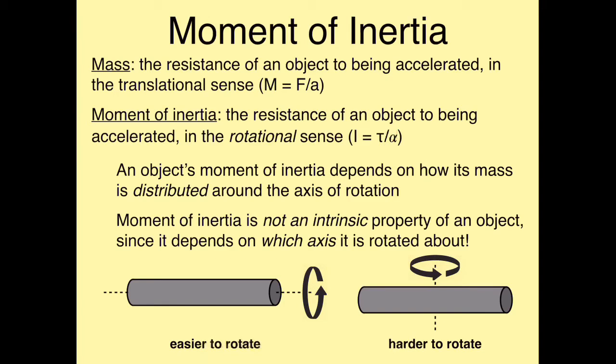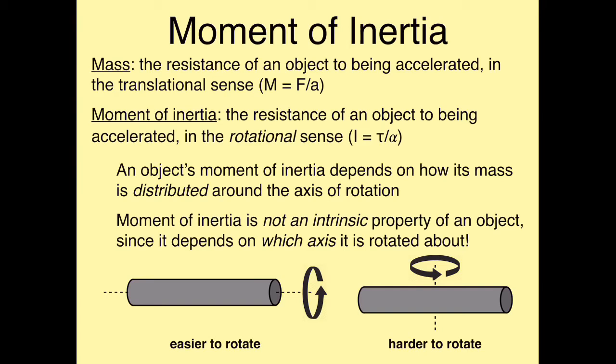So let's say you have a really long but kind of thin cylinder like this, okay? Now, if you rotate it about this axis, the long axis, that's pretty easy to do, right? So if you can find an object like this in your house, just try rotating it this way, as you see on the left, and you'll find that's very easy. So it has a low moment of inertia.